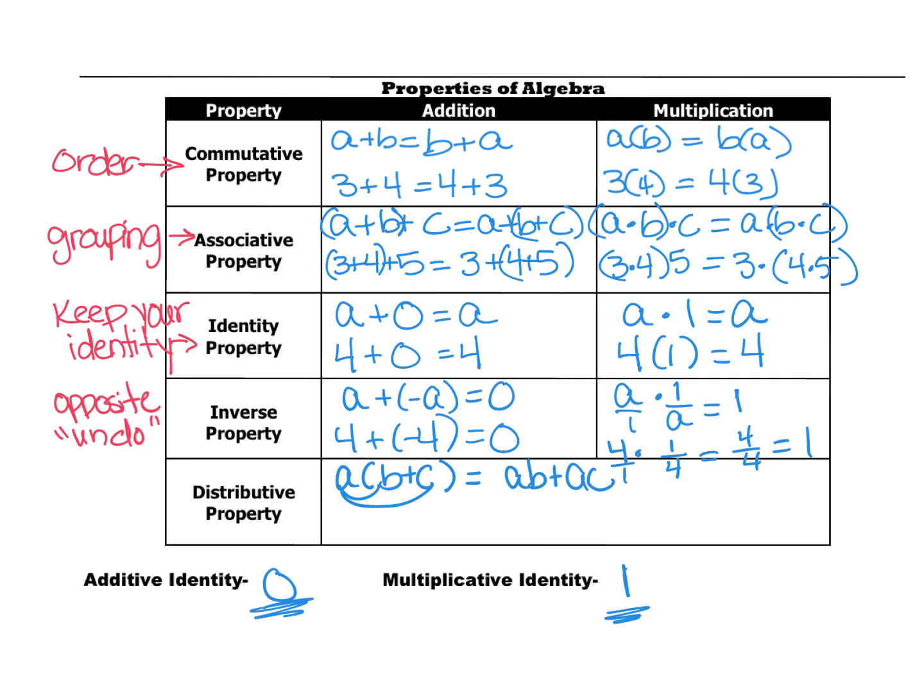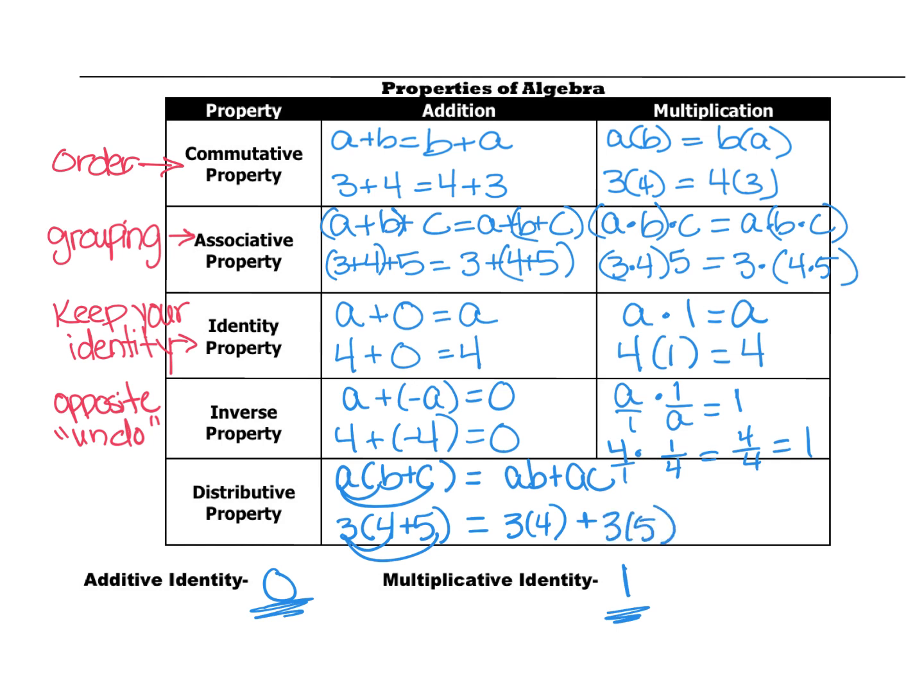All right, let's take a look at what this looks like with the numbers then. I could have 3 times the quantity 4 plus 5, and that's going to be equal to, I'm going to multiply these both. I get the 3 times the 4, they both have to be multiplied by that, plus the 3 times the 5.